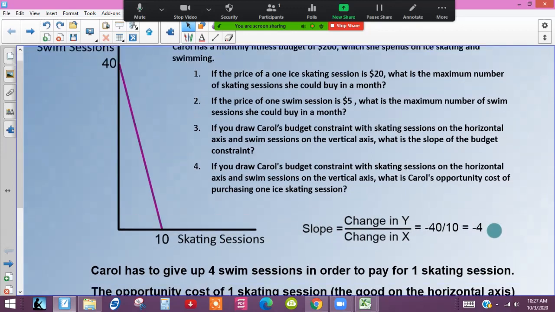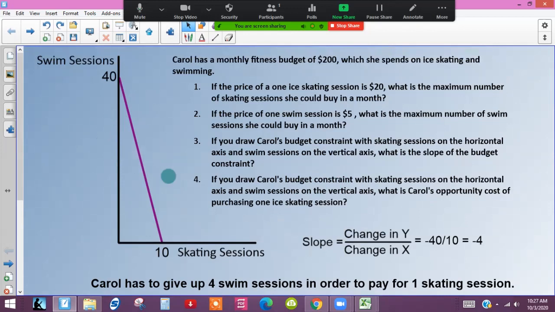Now, once again, if we draw the budget constraint as you see it here, now we need to figure out what the opportunity cost of purchasing one ice skating session is.